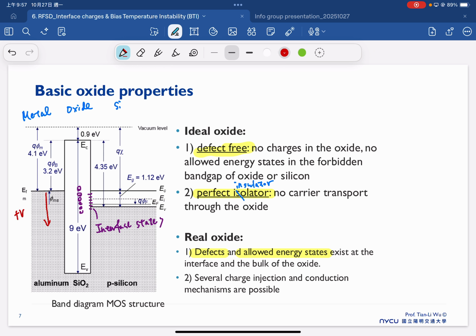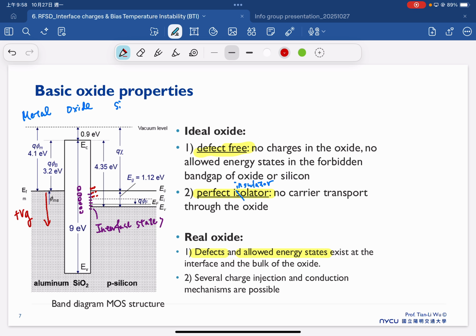Once we apply the positive gate bias, as you know, as long as the gate bias is large enough, we have inversion electrons between the SiO2 and silicon. That's how we start to have current transport.